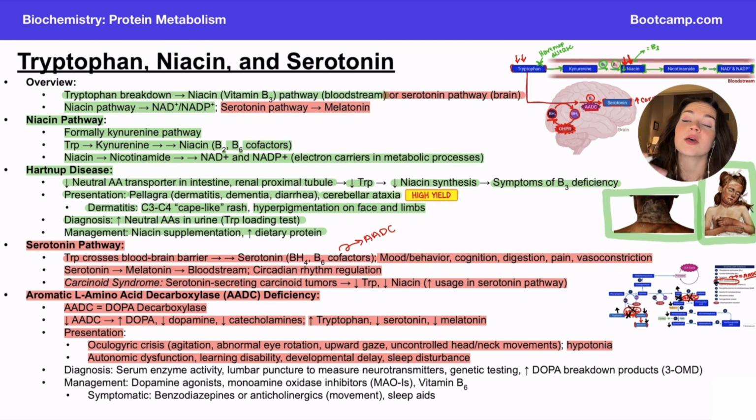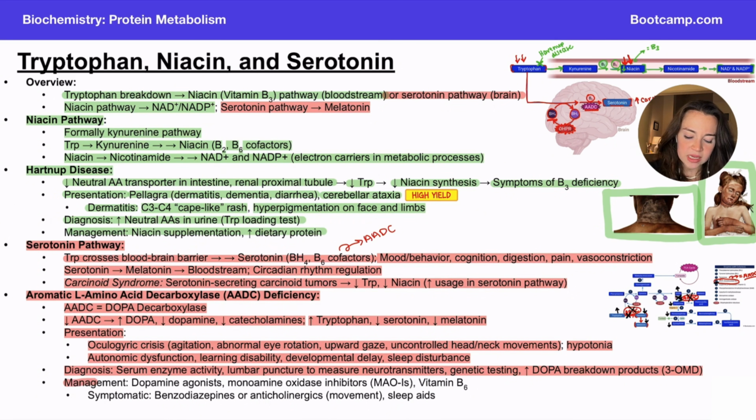To diagnose this, most straightforward would be just to measure the serum enzyme activity of that AADC enzyme. You can also do a lumbar puncture to measure the actual level of these neurotransmitters. You can do genetic testing, and then you'll also see an increase in DOPA breakdown products, things like 3-OMD, because of that increased DOPA.